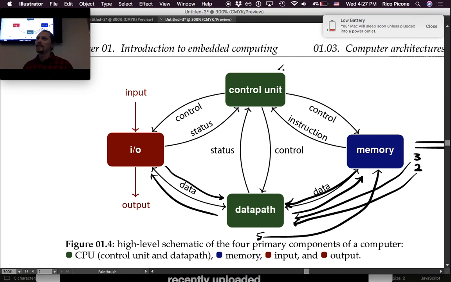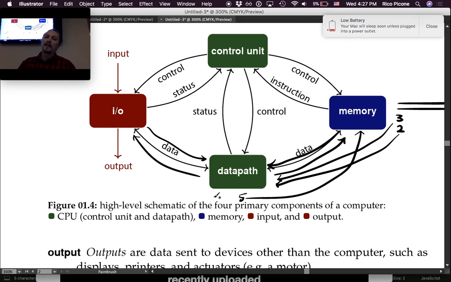So what does the data path do, like the operation, the adding? Inside here is a bunch of circuits. If you want to add 2 numbers together, it receives a 3 and a 2, and it represents that with essentially digital voltage. And it has to add those together.